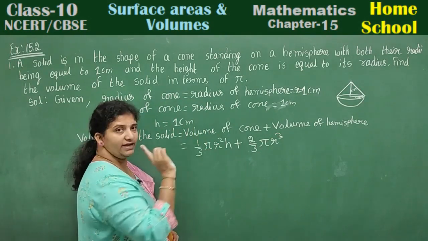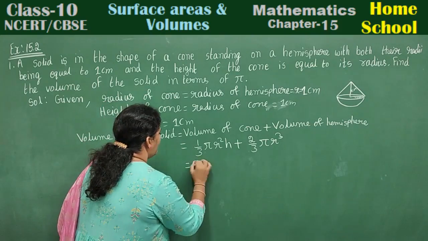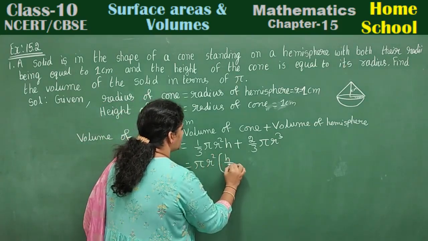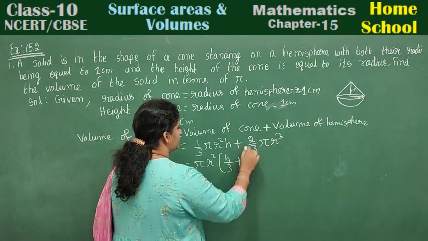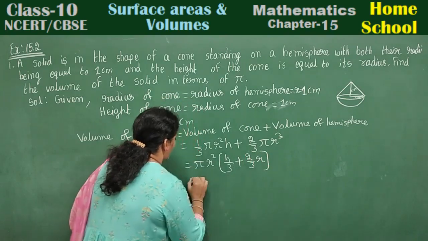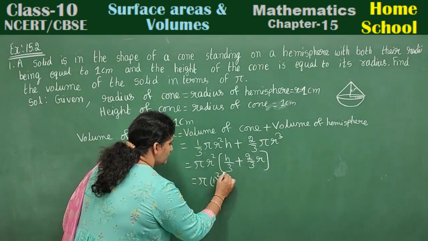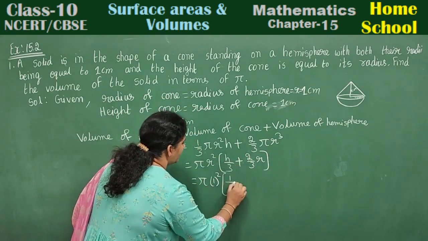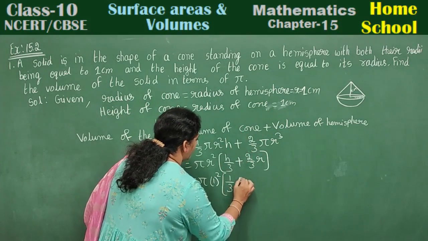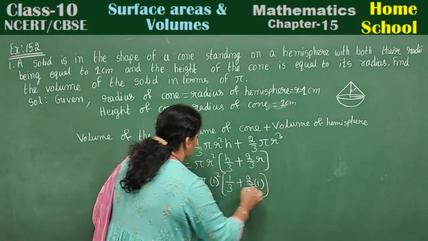Observe here, both the radii are equal, then you can take it out. Pi r square, if you remove, you are left with h/3 plus 2/3 r. Now pi r square value is 1 whole square. H, height of the cone, that is h is equal to 1/3 plus 2/3 into radius, which is 1.